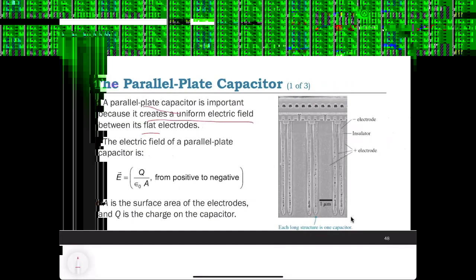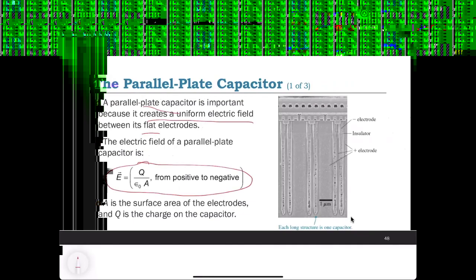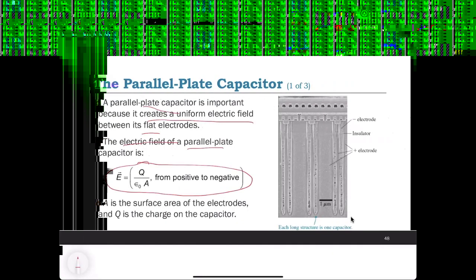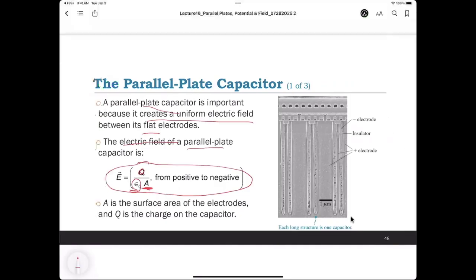The electric field of a parallel plate capacitor is equal to this one. We talked about it in the last class, how to calculate the electric field of a parallel plate capacitor. This is the charge, this is a constant, and this is the area. Do you remember that?